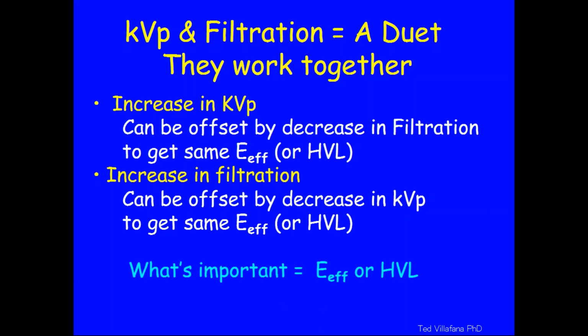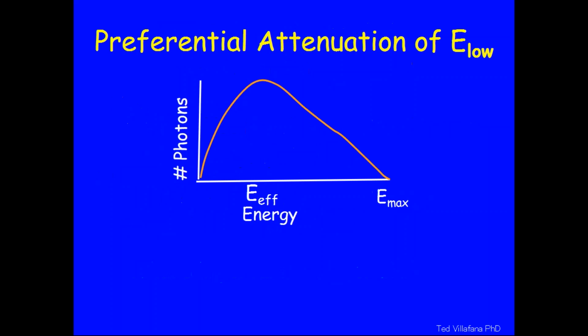What's the half value layer of the beam? That's the important parameter, because you can play with KVP, but that can be offset by playing in the opposite direction with the filtration. So what's important is the effective energy and the half value layer, the transmission, the final penetrating ability of the beam.